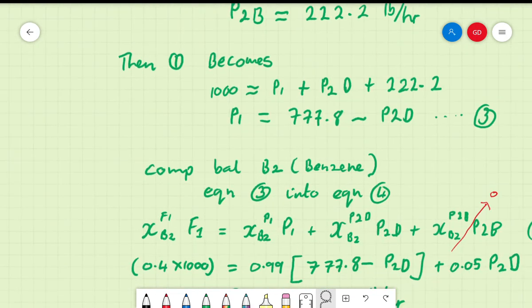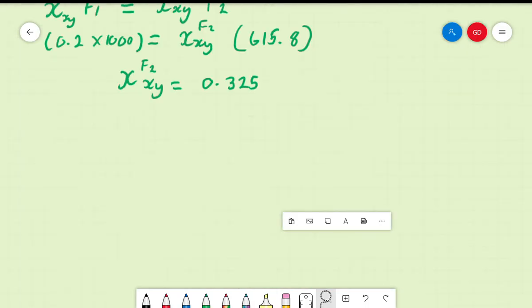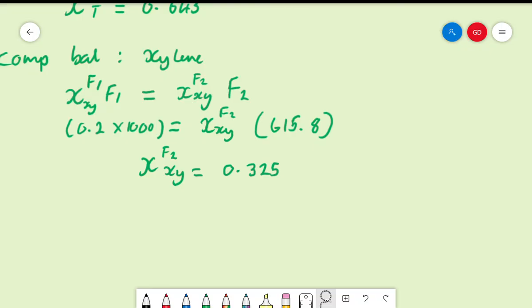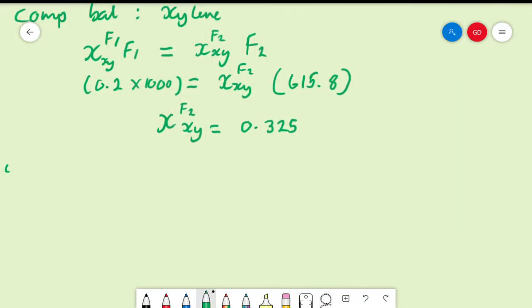Now we just need to find benzene. That one should be very easy since we know that X of xylene plus X of toluene plus X of benzene gives us 1. Remember the total of the mass fractions.